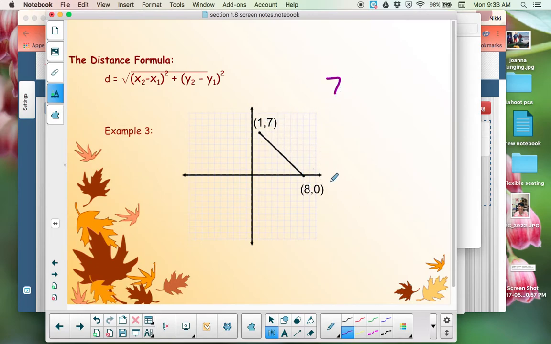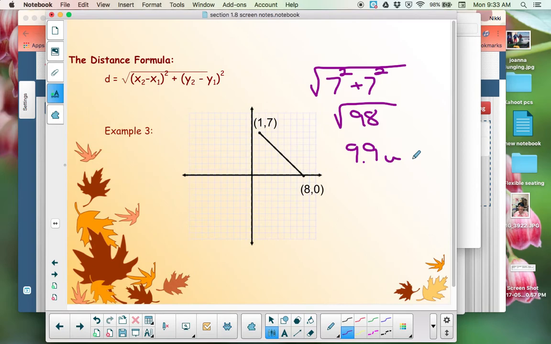The difference between 7 and 0 is 7. I'm going to square those, add them together, and then square root the whole thing. So 49 plus 49 would give you 98. And then that would be your exact answer, or you could take the square root of 98 and get 9.9 units as your distance.